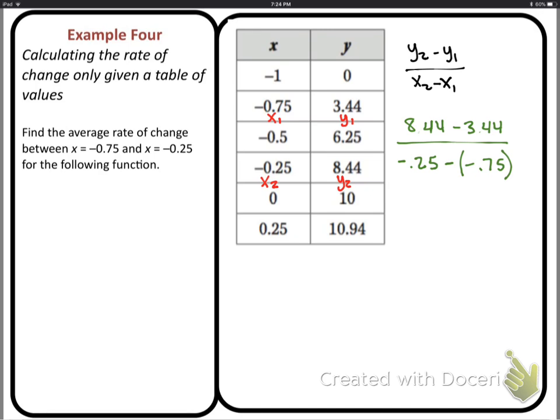And we just have to simplify this out. 8.44 minus 3.44 gives us 5 over -0.25, that turns into a plus 0.75, which gives us 0.5. And then 5 divided by 0.5 gives us 10. And that is our rate of change there.